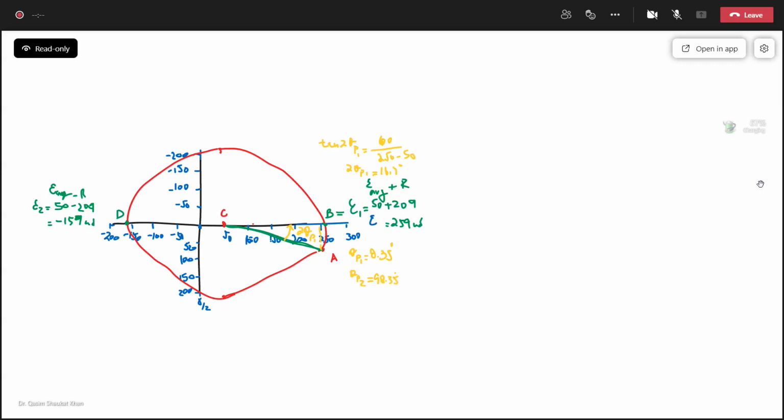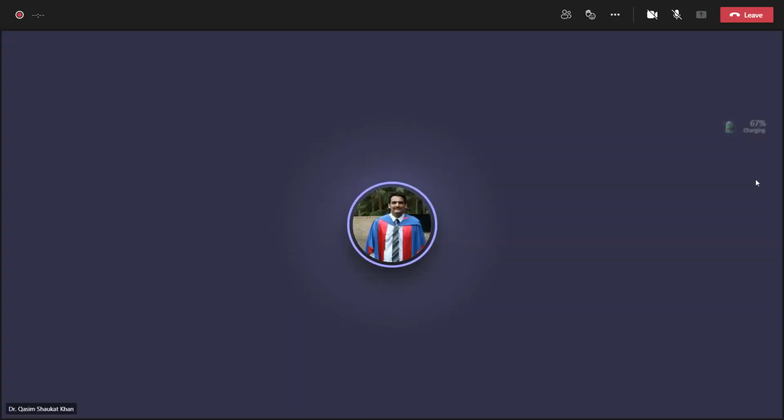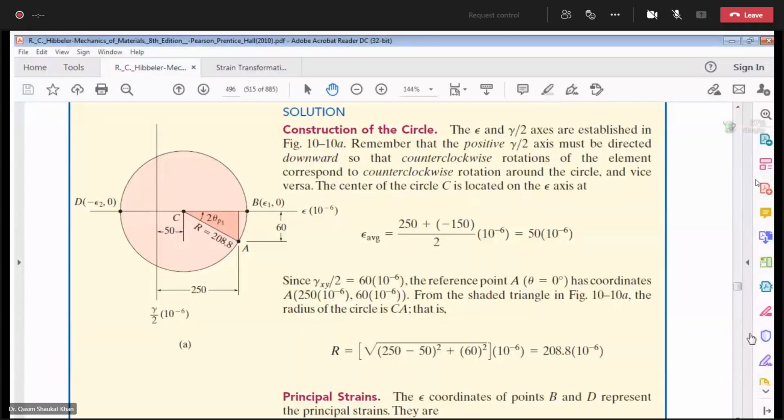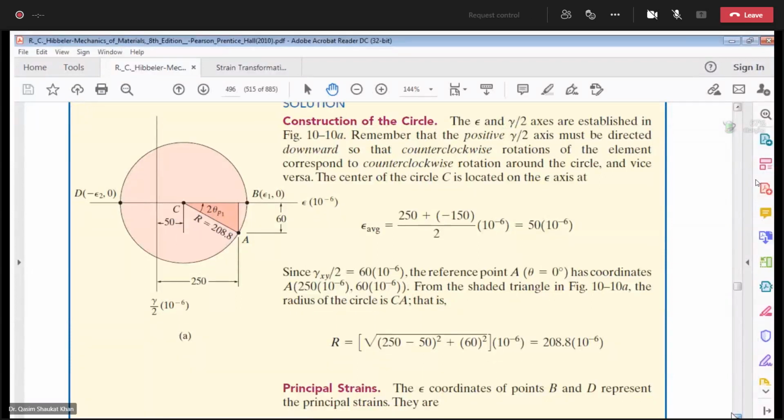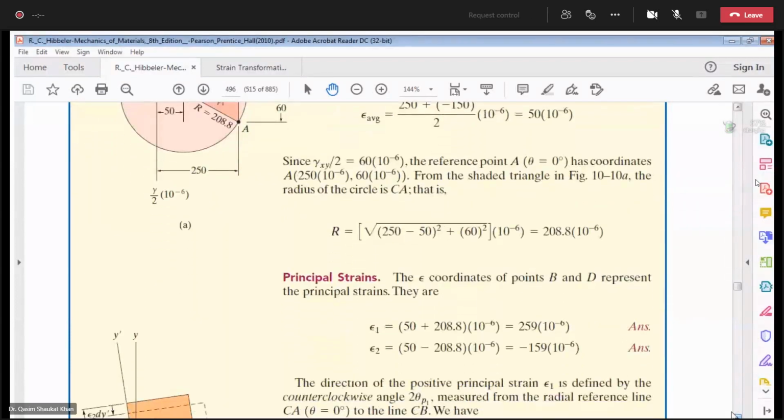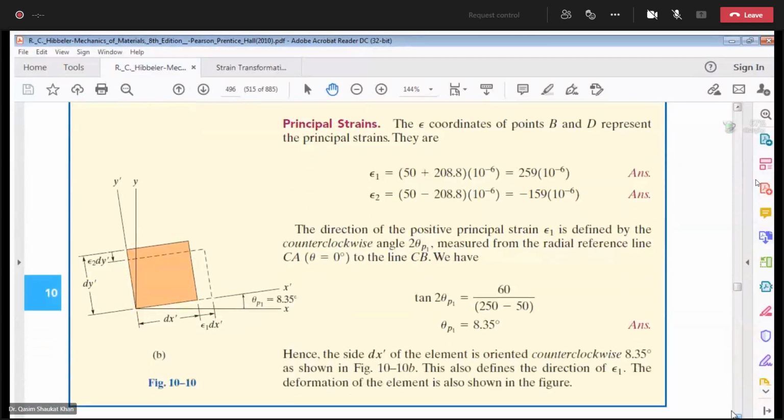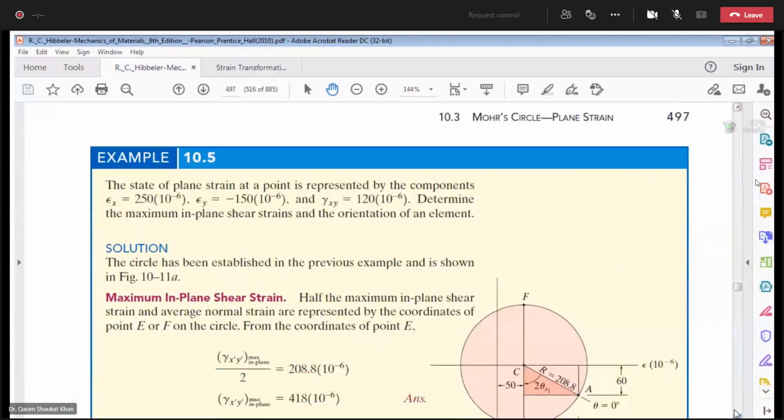Okay, now next move to the next question. ठीक है जी, we already got these answers. ये सारा हो गया. Now the same question, same data.